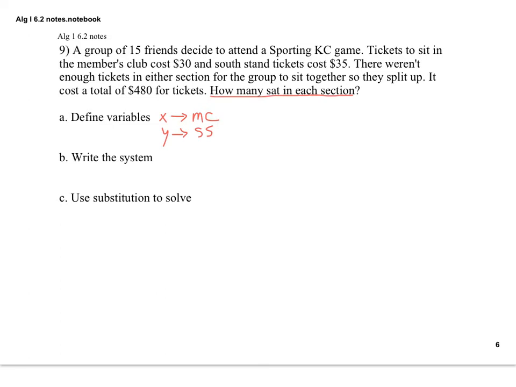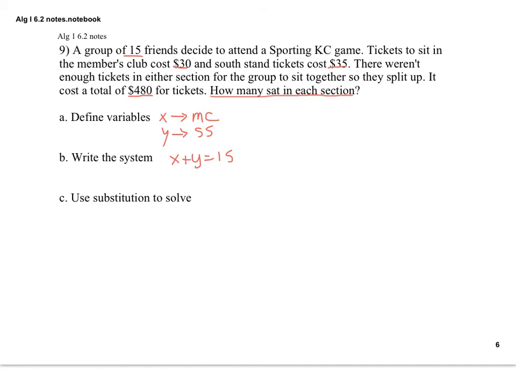All right, so when we set this up, I've got one situation where I know how much my tickets cost total, and I know how much each section costs. I also have another situation where I know how many people came to the event. So I've got a system of equations set up like this. x plus y is going to be my amount of people showing up, so x plus y is equal to 15.